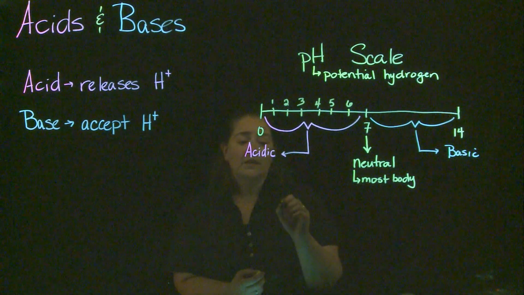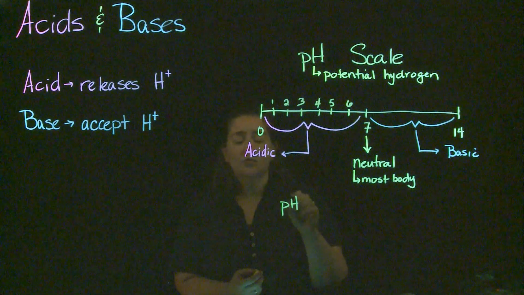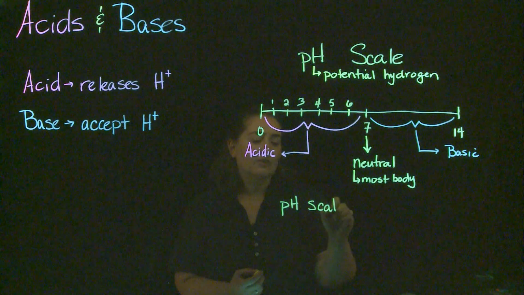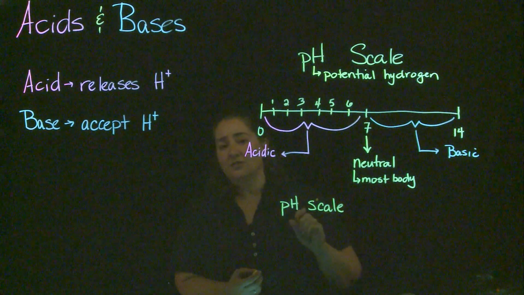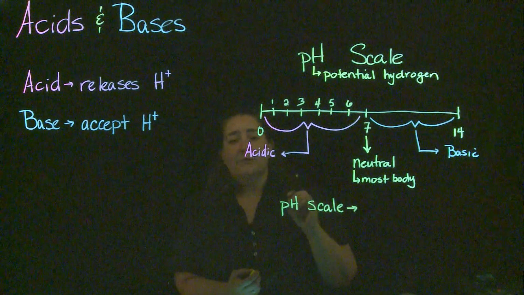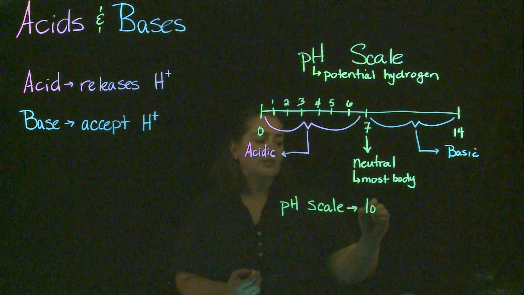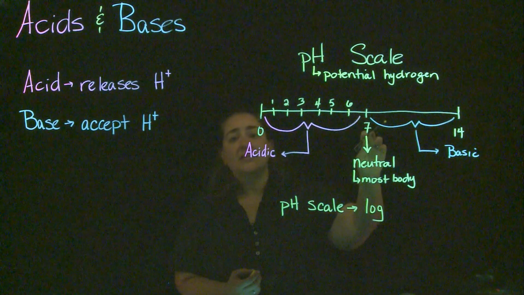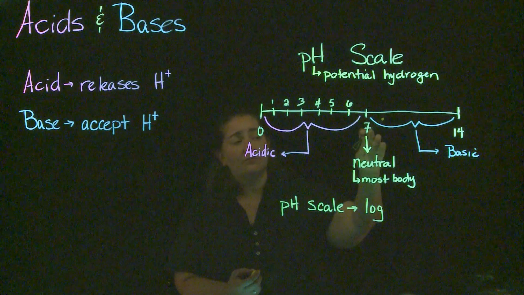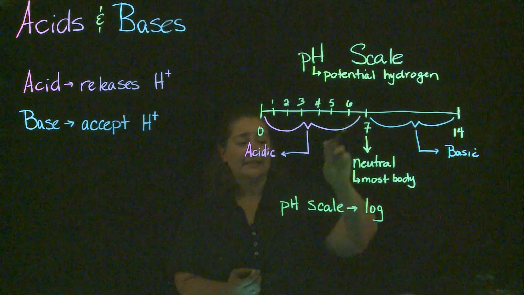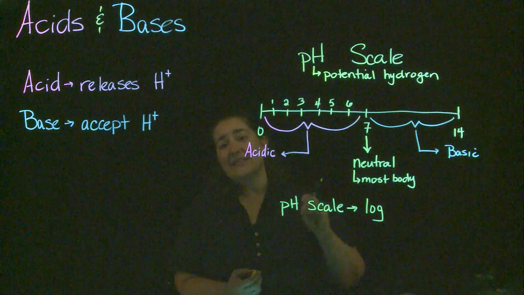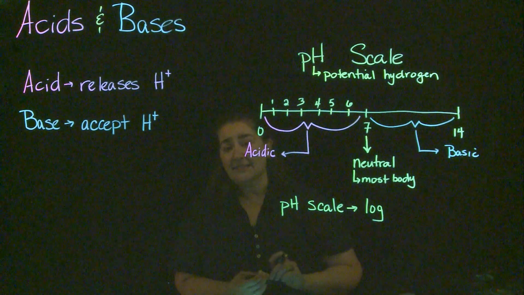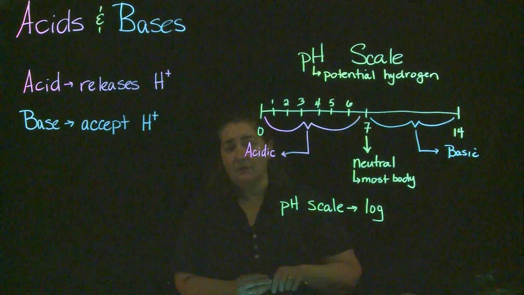But with the pH scale, one of the things you want to pay attention to is that while you're moving in units of 1, the pH scale is actually logarithmic, which means a change in pH from 7 to 6 is actually a 10-fold increase in the amount of acid in that particular environment, okay?